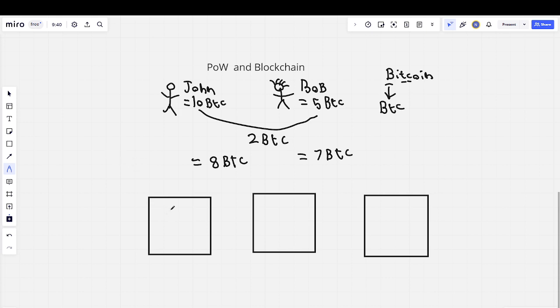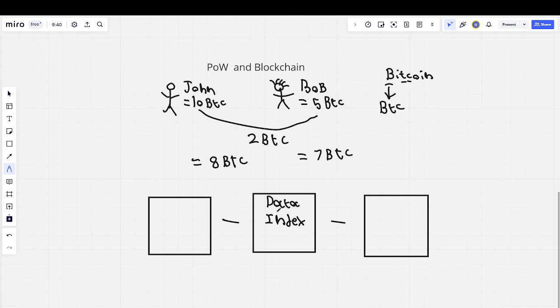Each one of these blocks stores information of a transaction or a couple of transactions. In this case, let's talk about just one. All of these are connected, and I'll explain why in the next video. But today we'll be talking about the data and the index.